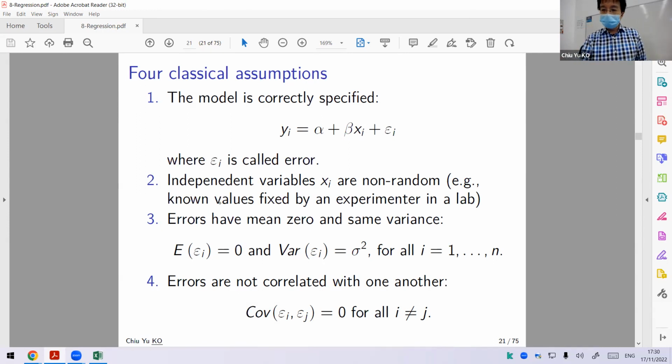So what do we mean by that? Let's go one by one. First one is we have y and x, right? Remember? And how y and x are related in the population is linearly, by some unknown population parameters alpha and beta, okay?